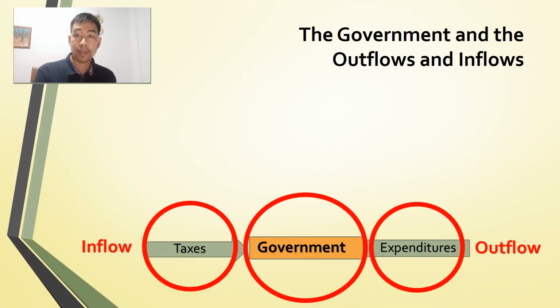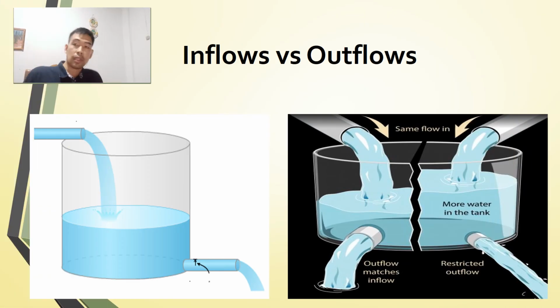However, if we consider the government as the storage tank of the inflow and outflow, we can say that its inflow is the taxes and its outflow is the expenditure. It is important to determine the right amount of inflow and outflow. It should be balanced.